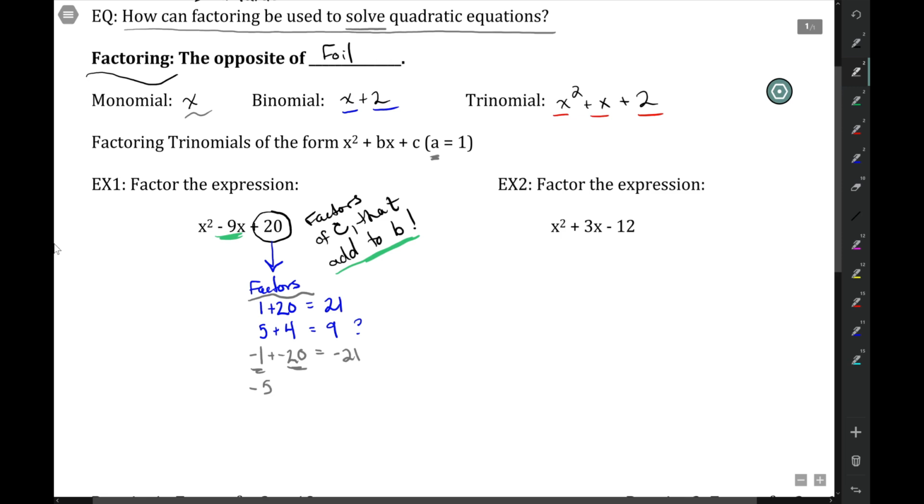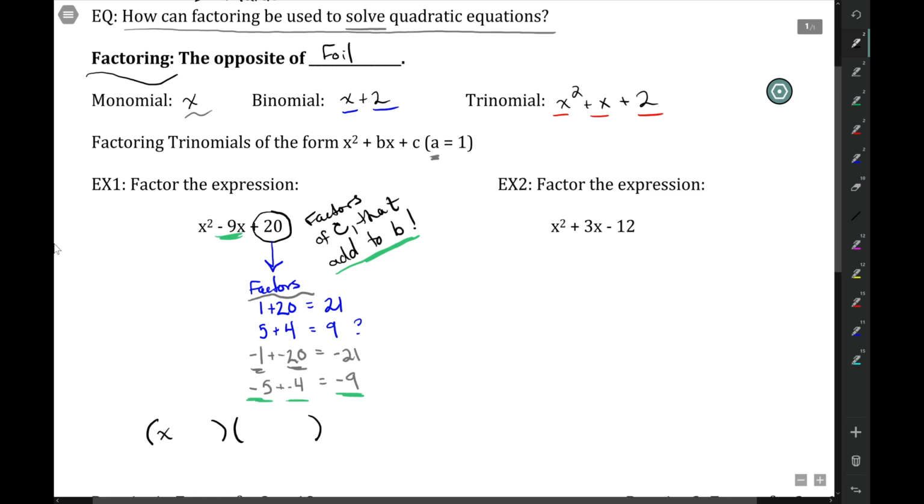And the more practice you get with these, really the quicker you'll see them. So our pair is going to be negative 5 and negative 4 because they add to negative 9. Lastly, how we write our answer all factored out is in parentheses.